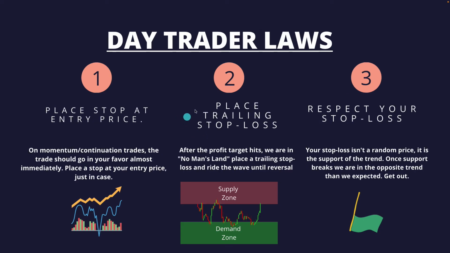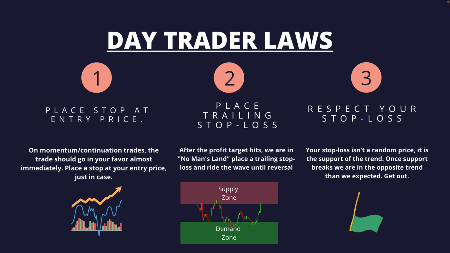And then we have our day trader rules for this video, which are key points and good to know whenever you're trading. The first one is place a stop at your entry price. On momentum or continuation trades, the trade should go in your favor almost immediately. Place a stop at your entry price just in case, because the market can act irrational and we can't control it.